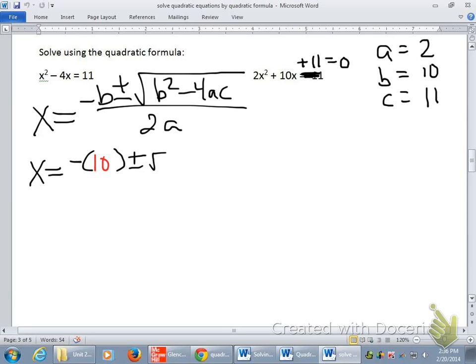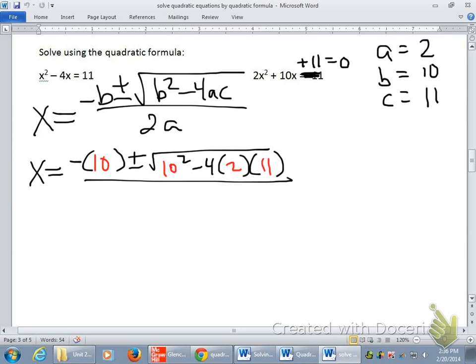Plus or minus the square root of 10 squared minus 4 times AC divided by 2a.